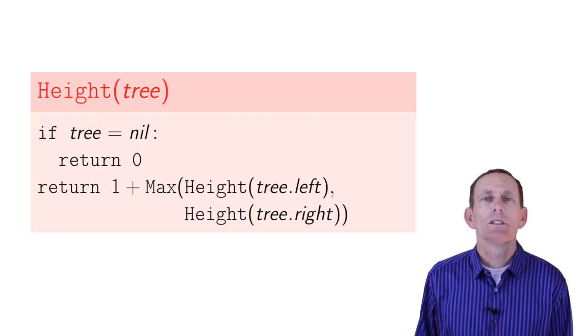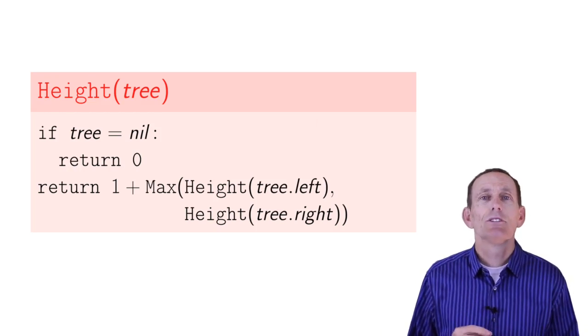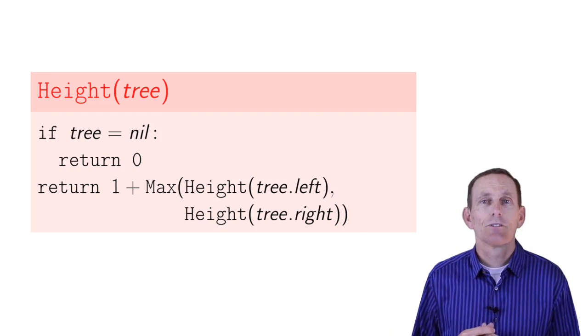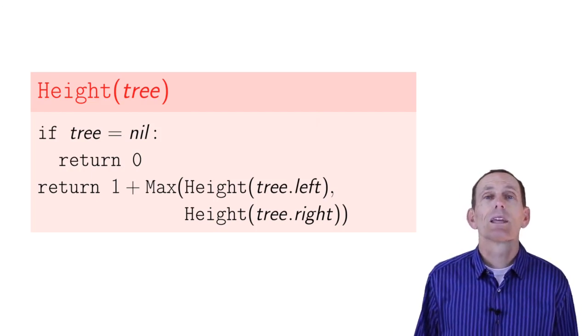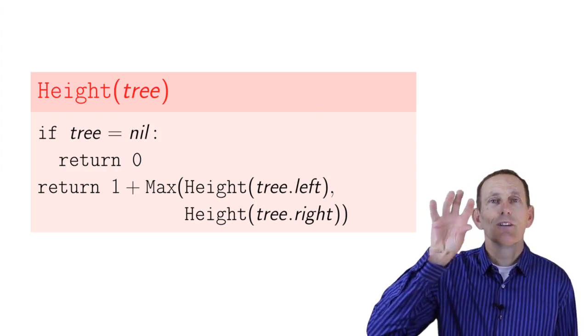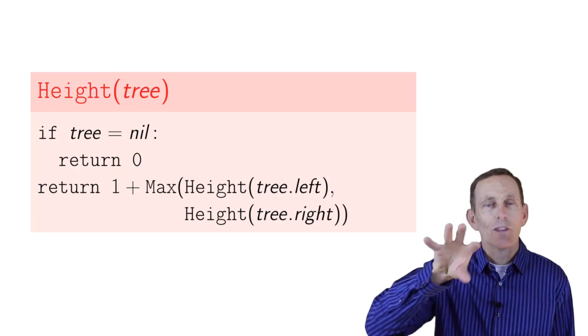Since trees are recursively defined, it's very common to write routines that operate on trees that are themselves recursive. So for instance, if we want to calculate the height of a tree, that is the height of a root node, we can recursively do that going through the tree.